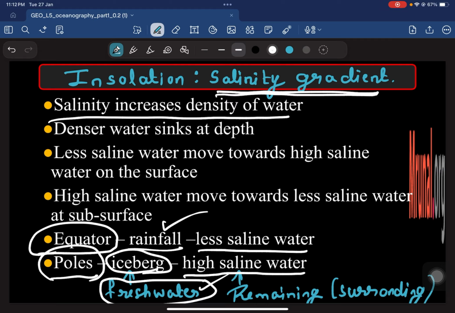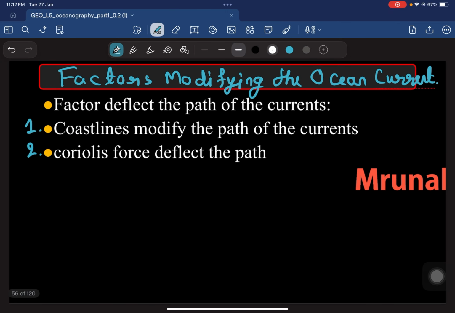More saline means it is denser or less dense? More dense water will sink, it will move towards the equator, and the equator water will move towards the North Pole and South Pole. Understood up to here? Next one is factors modifying the ocean currents.